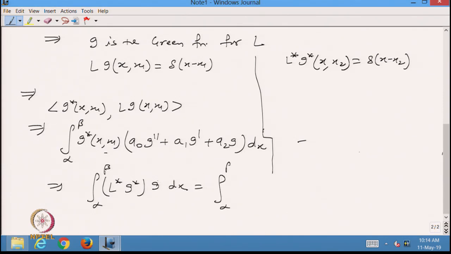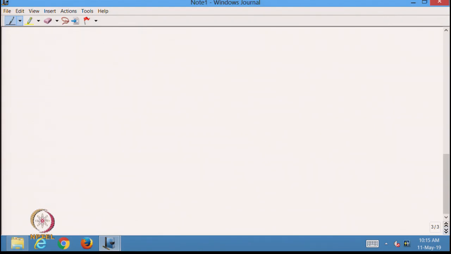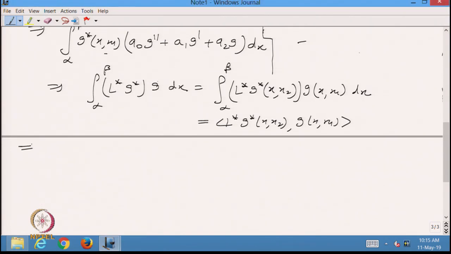Actually this can be written as the integral from alpha to beta of L star G star at x, x2, and G at x, x1 dx, which we can write as the inner product of L star G star and G. So, from here I can say that the inner product of G star with L G is equal to the inner product of L star G star with G.